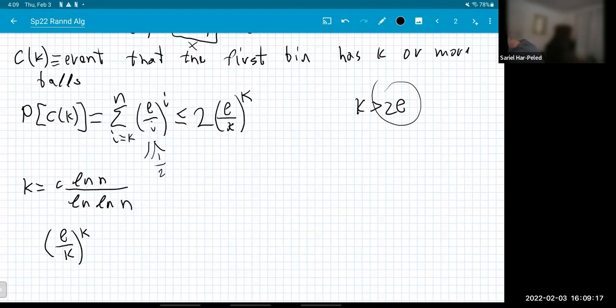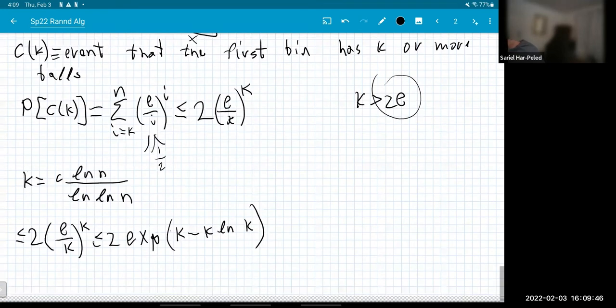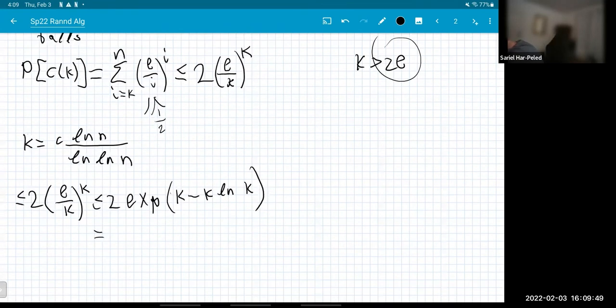So we have this, right? By the above, the probability is smaller than this expression. And now this is 2 to exp of what? E to the K is just K, right? And this is minus K ln K. Right? And now all you need to do is to realize that K here is much smaller than this if K is large enough.